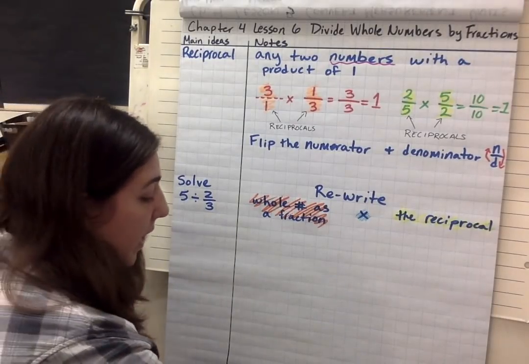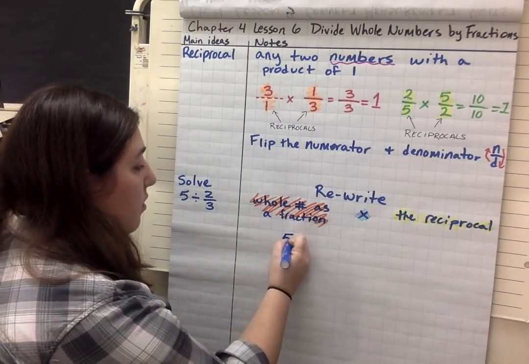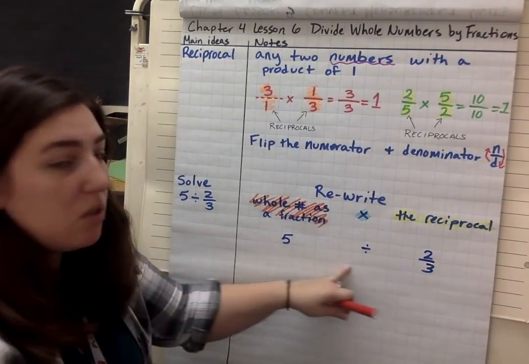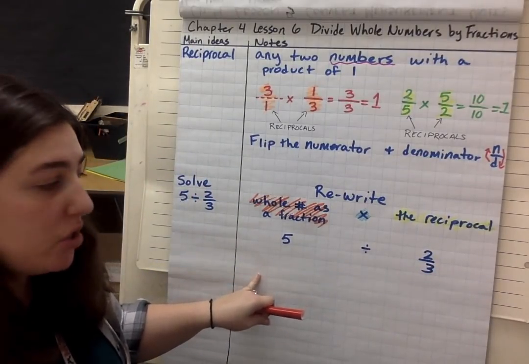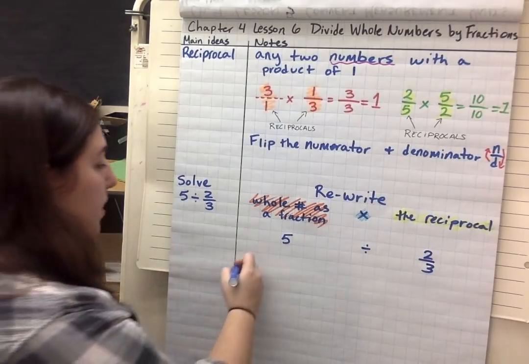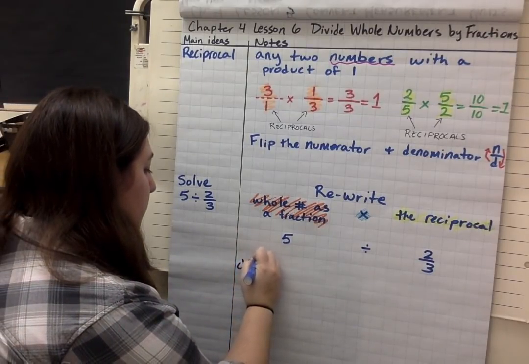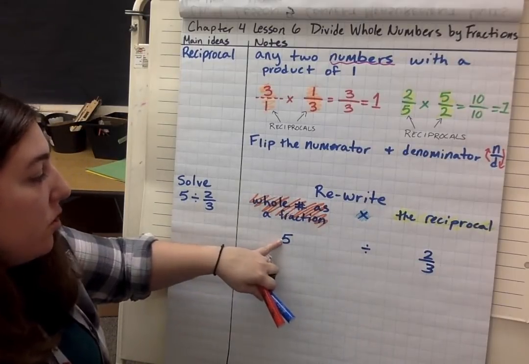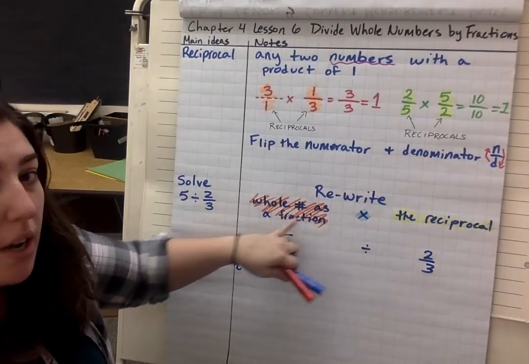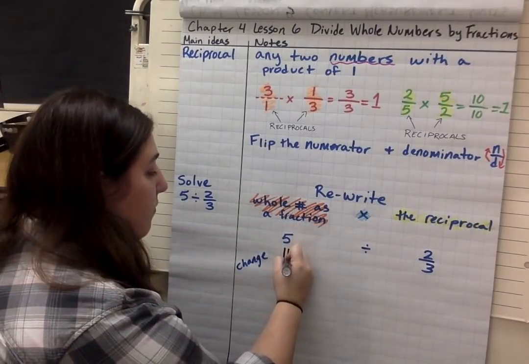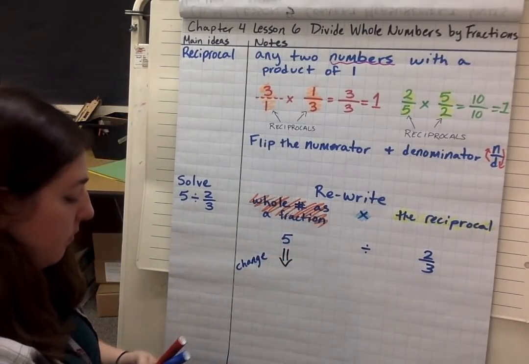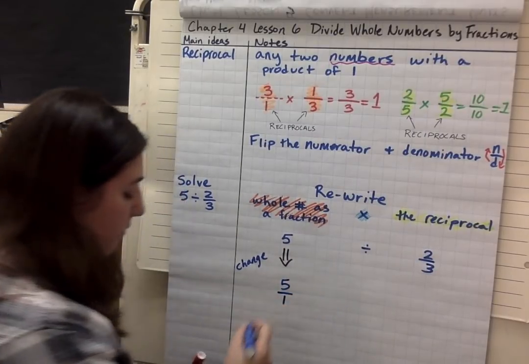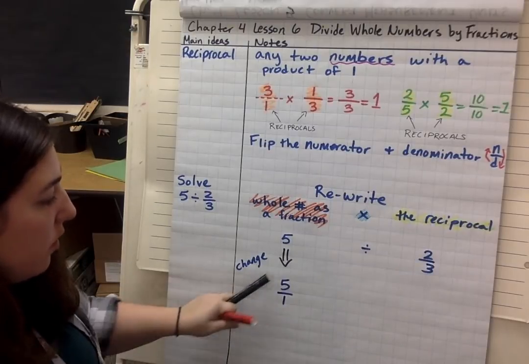So what I originally had was 5 divided by 2/3. This is what I originally had, and I'm going to change that. So I'll just put change over here. Alright, and I'm going to change 5 to a whole number as a fraction. So 5 over 1.